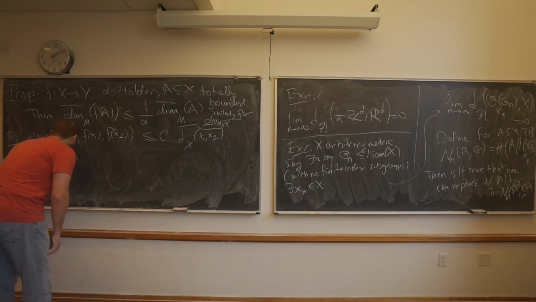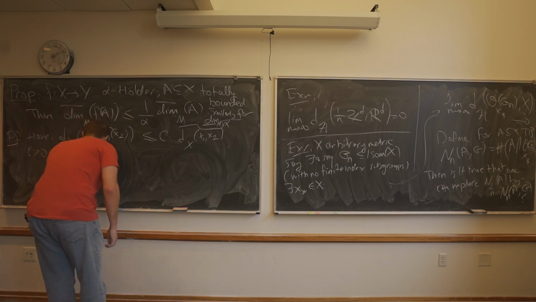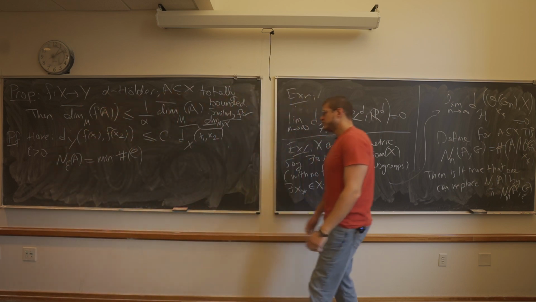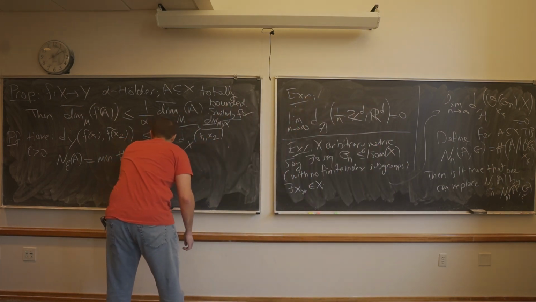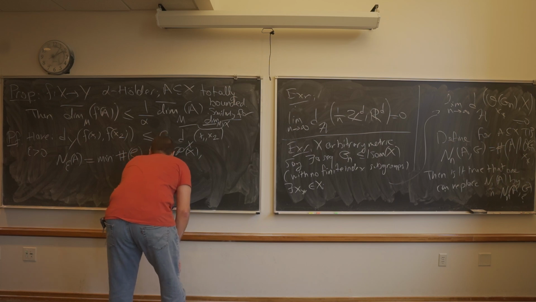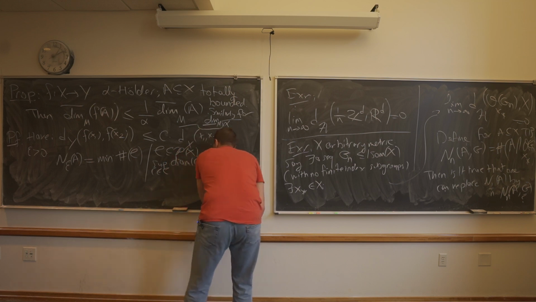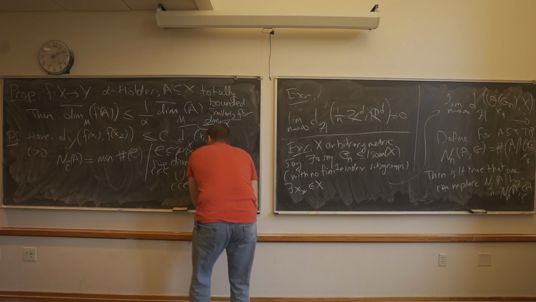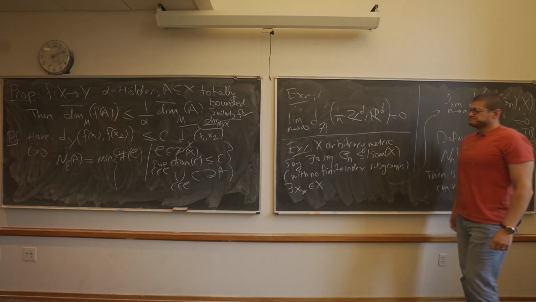Recall that N epsilon of A equals the min of the number of cells in some cover, each of whose cells has a diameter at most epsilon, such that if I take the union of all the cells, I cover A. That's by definition.